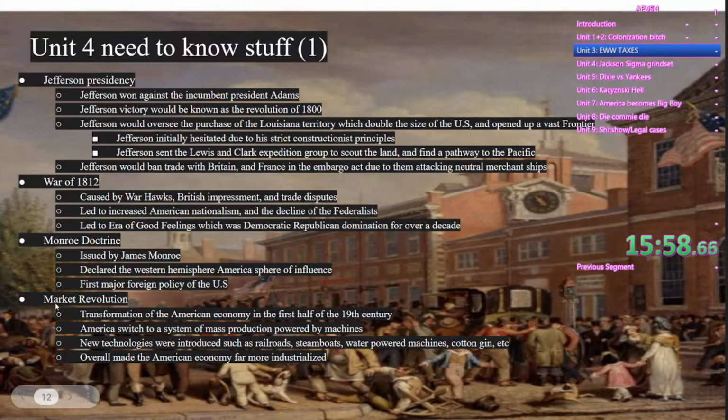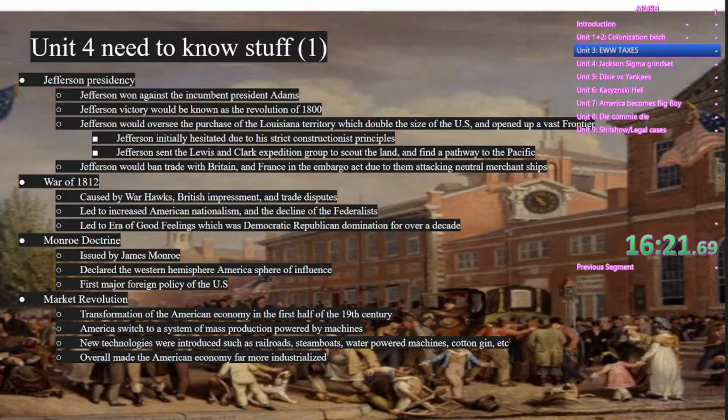Led to the market revolution. During the Era of Good Feelings, there was the market revolution. Basically, it was a transformation of the American economy in the first half of the 19th century. The North would switch to a system of mass production powered by machines and low-skilled laborers.